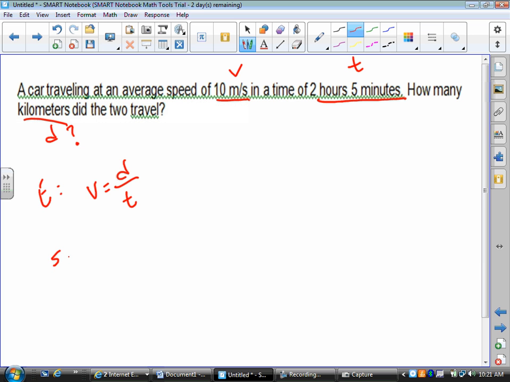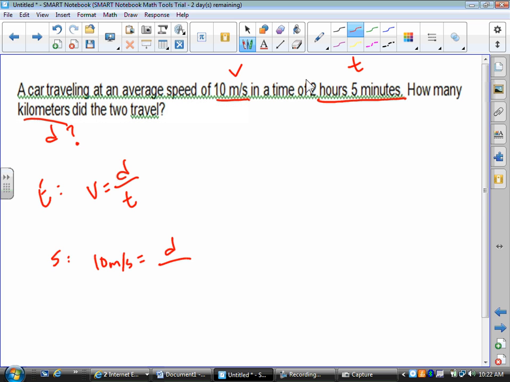We'll substitute in our numbers. So the velocity here is going to be the 10 meters per second. Our distance is what we're looking for. And our time, are we going to put 2 hours 5 minutes under here? No, we want to convert that into seconds, because our velocity is in seconds, right? So how can we convert 2 hours, 5 minutes into seconds?